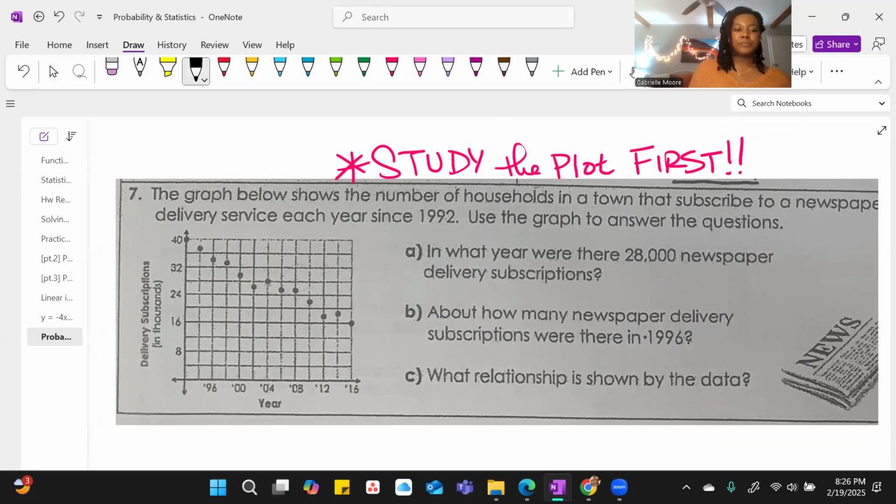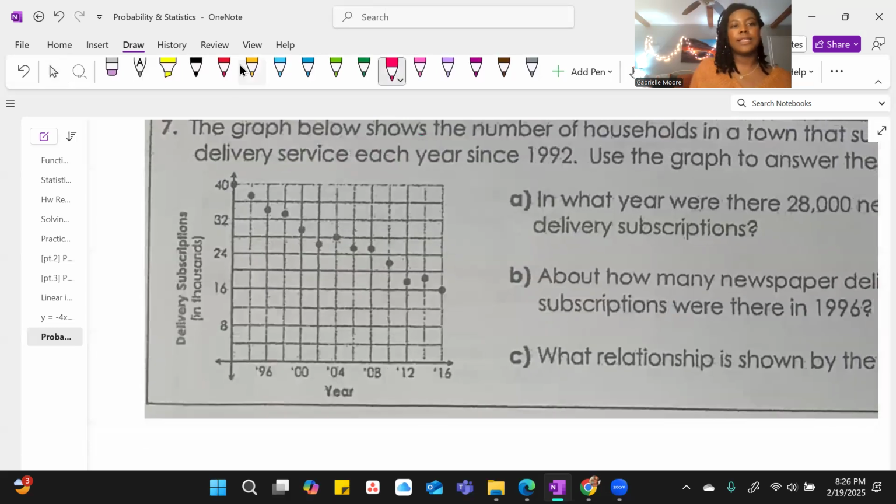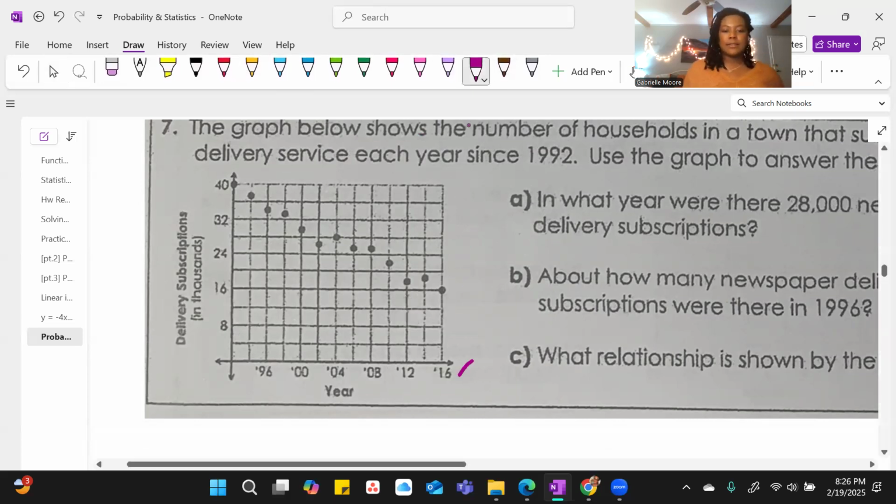And so on the graph, as far as studying and breaking it down, we see that on the x-axis, we don't actually see 92 plotted, but 92 is on the axis where the y is 0, right?